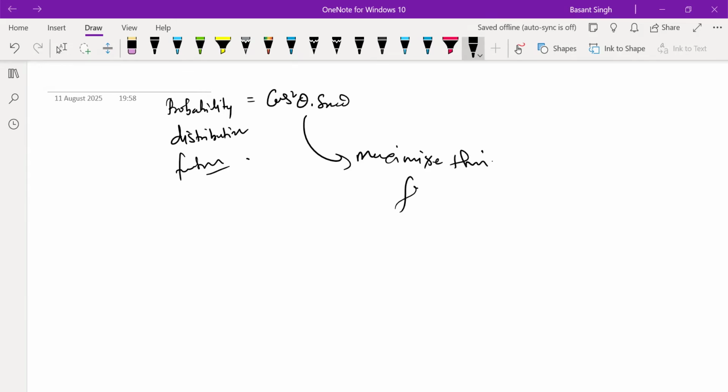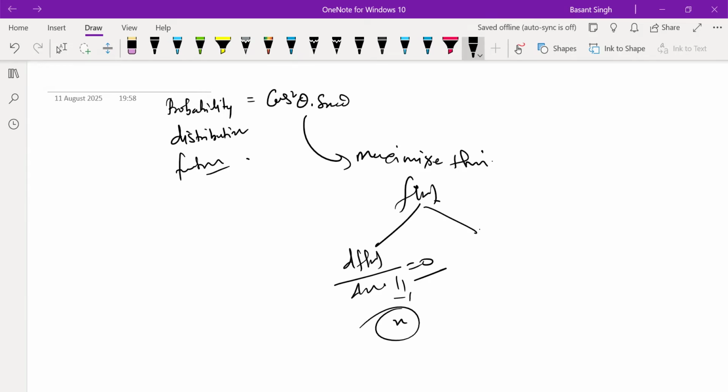For any function, for maximizing, I have to first take the derivative of this function, set it to 0, and calculate x.